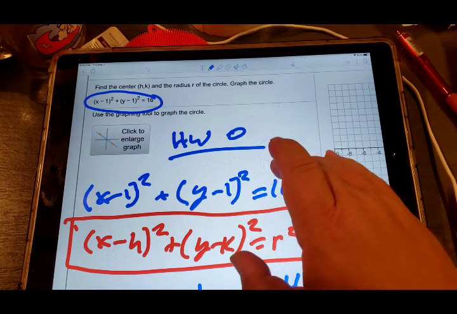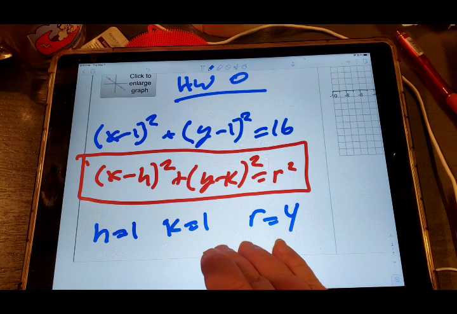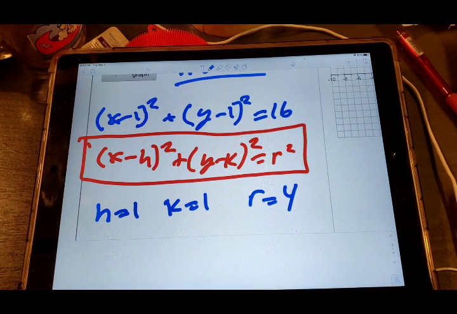The formula that I wrote in red is just one of those formulas you need to know. It's the formula for a circle. When I say a formula you need to know, there are a few of those, like the quadratic formula and whatever else. But the formula for a circle, x minus h squared plus y minus k squared equals r squared.